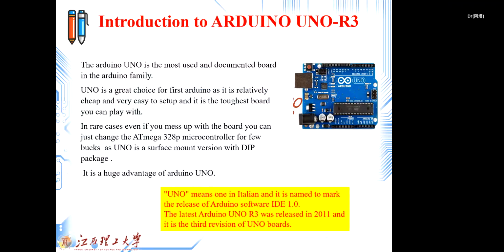The next thing is that Uno in Italian means one, and mainly it was released with IDE number 1. The latest one of this series of boards is R3, which was released in 2011, which is the third revision of the Arduino board.